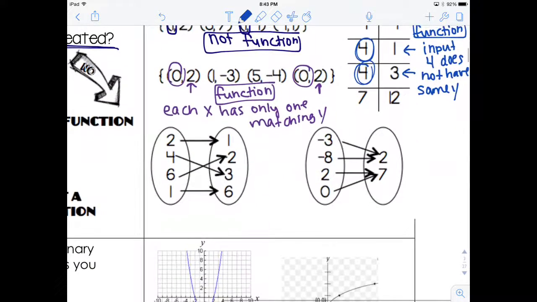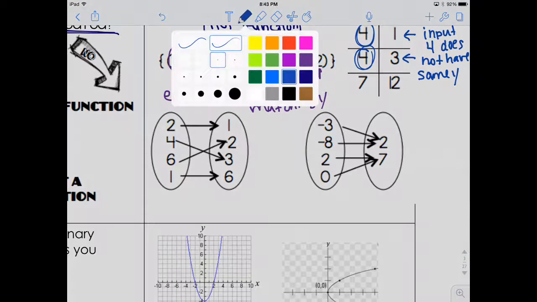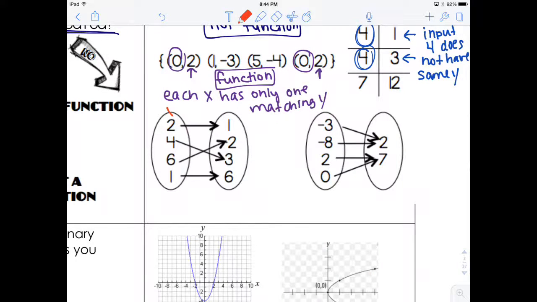Okay, so this is called a function map. So this is your x, this is your y. So 2, 1, 4, 3, 6, 2, 1, 6. Each x has only one matching y, so this is a function. Because each x has only one matching y.